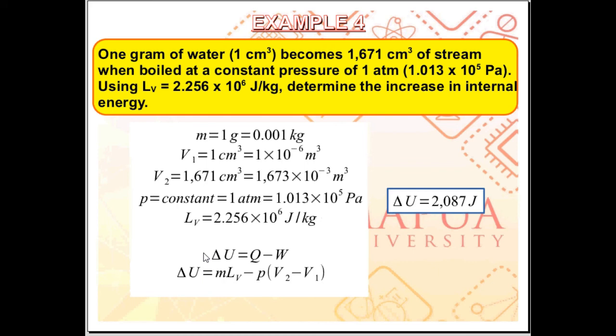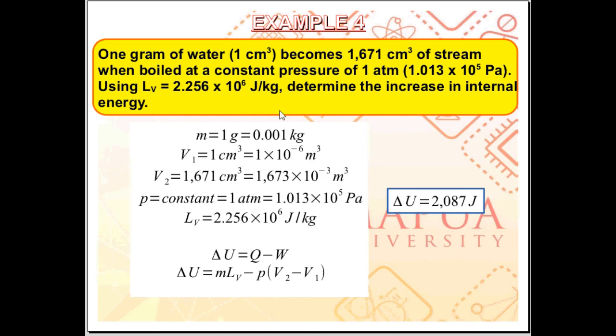The change in the internal energy of the system is just given by delta U is equal to Q minus W. Now, Q is the heat added to vaporize the 1 gram of water. So from our calorimetry, phase change from liquid to gas, Q is just equal to mLV.